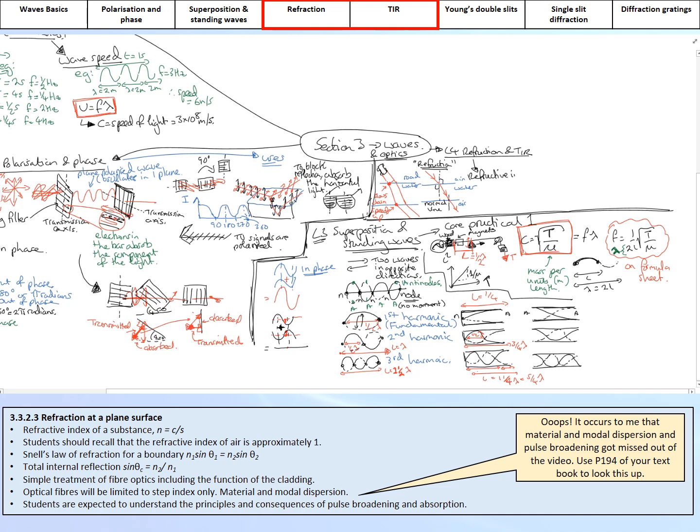Refractive index is how many times faster light travels in a vacuum than in the material.